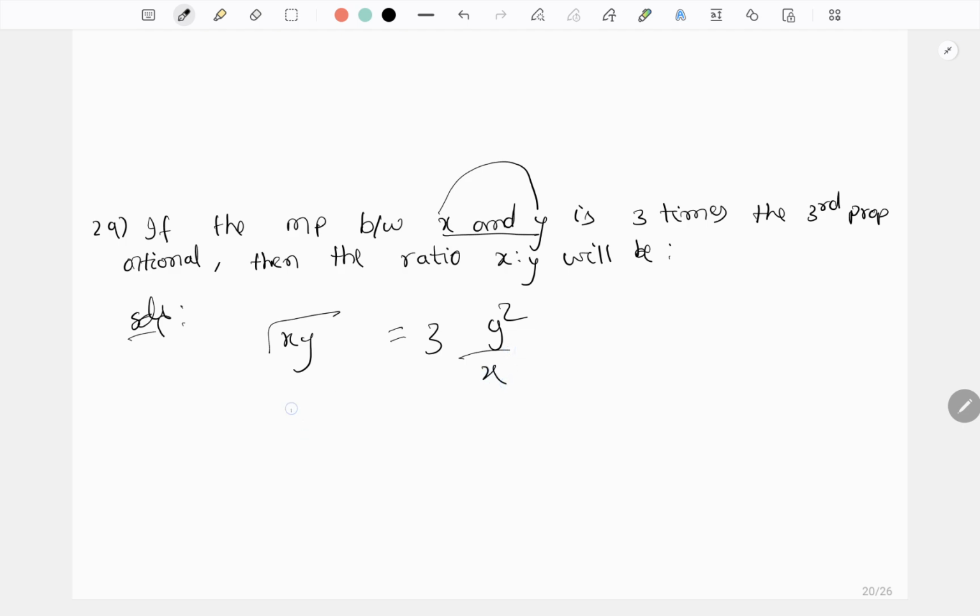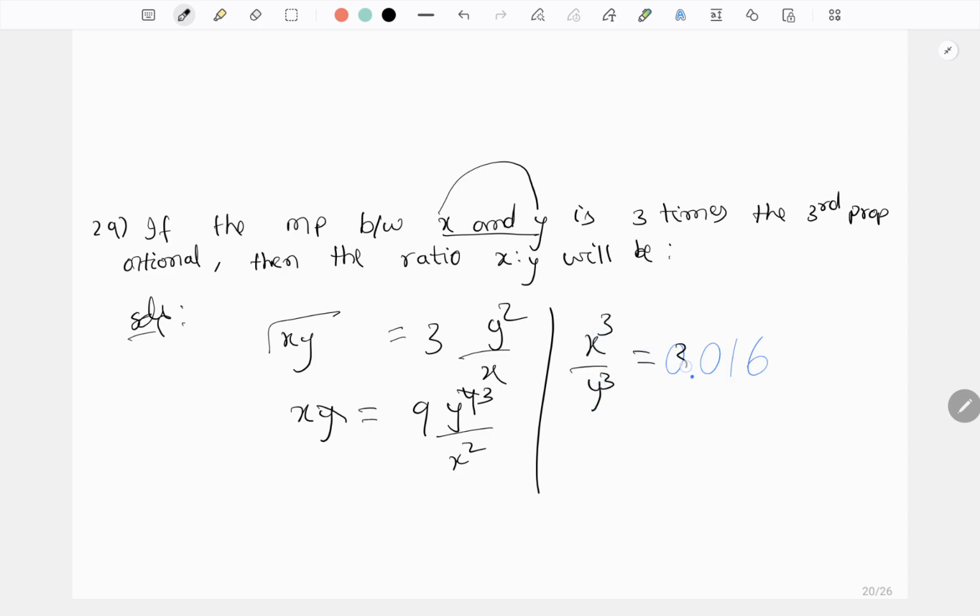Now squaring on both sides, xy is equal to 9 y power 4 by x power 2. Then if I transpose x square, x cube by y cube is equal to 9, which can be written as 3 square. Then x by y is equal to 3 power 2 by 3.